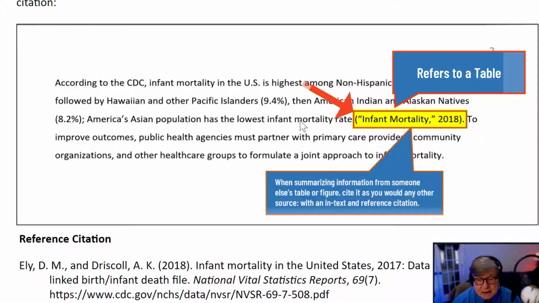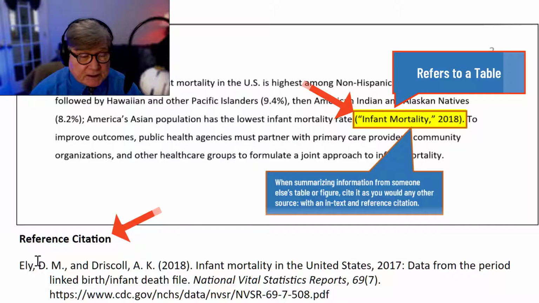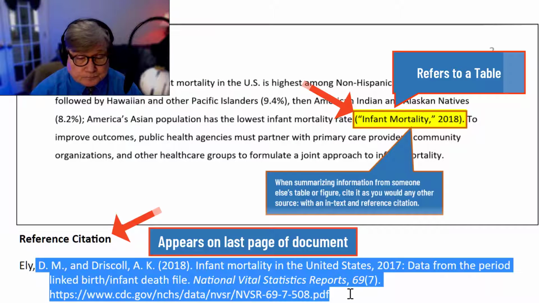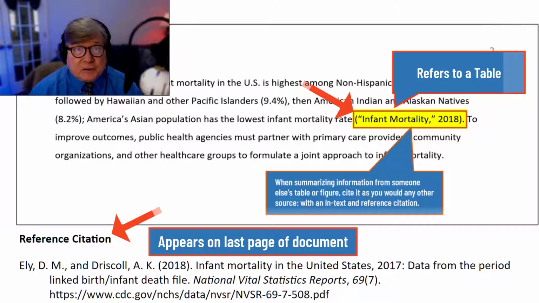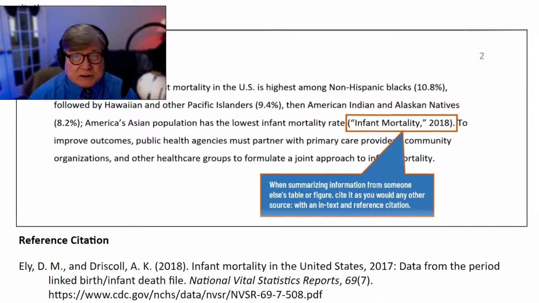Here you see it, Infant Mortality 2018, and a reference citation. Here you see it down at the bottom. So that's the first use, where you're simply referring to it as you would any other source that supports the point that you're making, and as a result, you find only an in-text citation and a reference citation is sufficient.